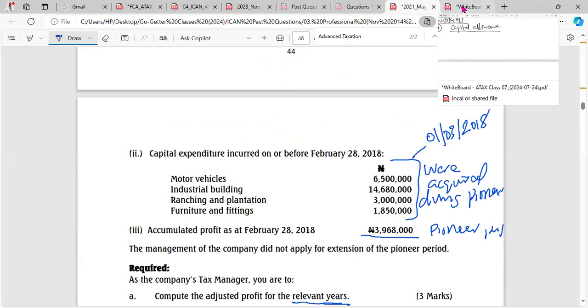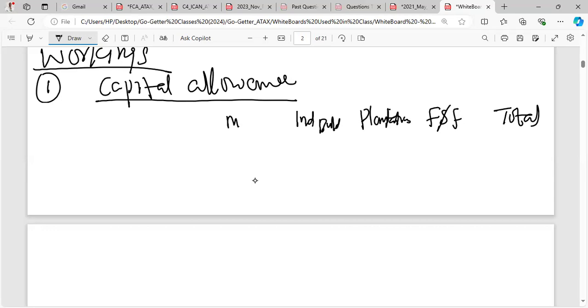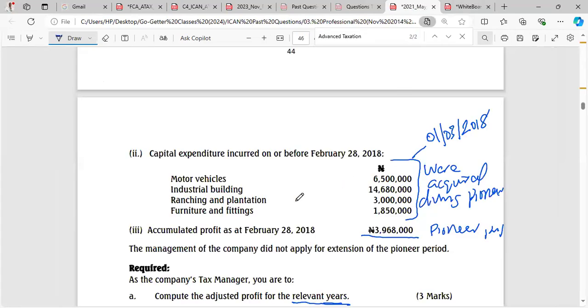I will write them from the last to the first. F and F, ranching and plantation, industrial building, motor vehicle. I think I pretty much covered them.